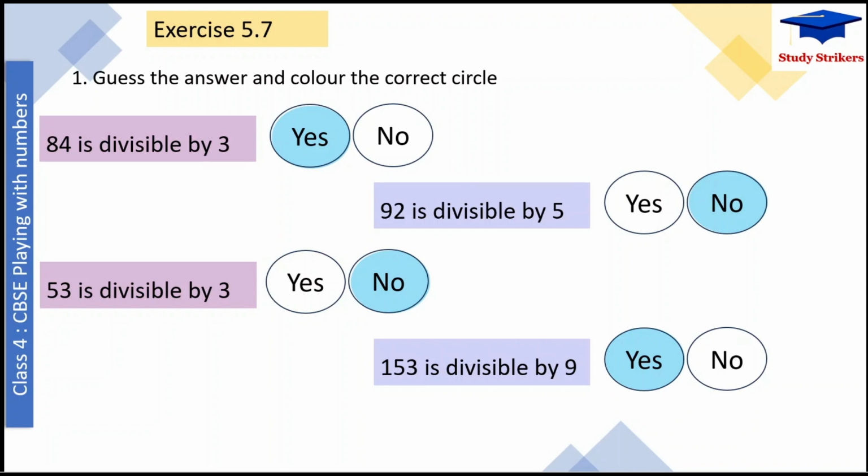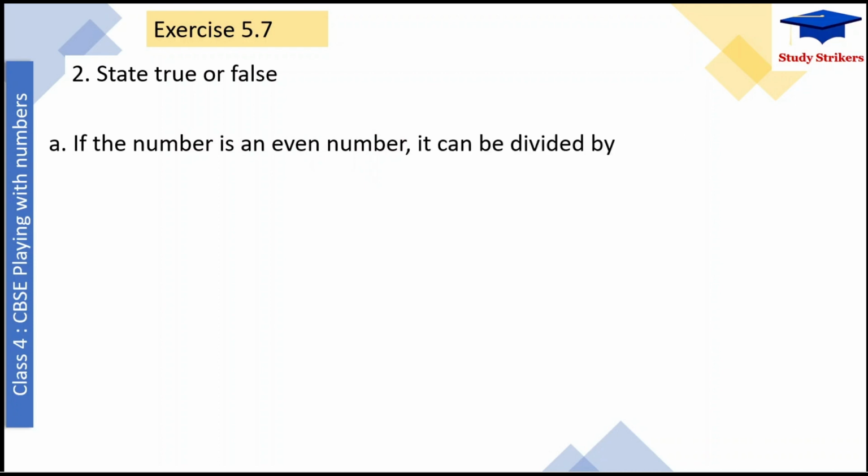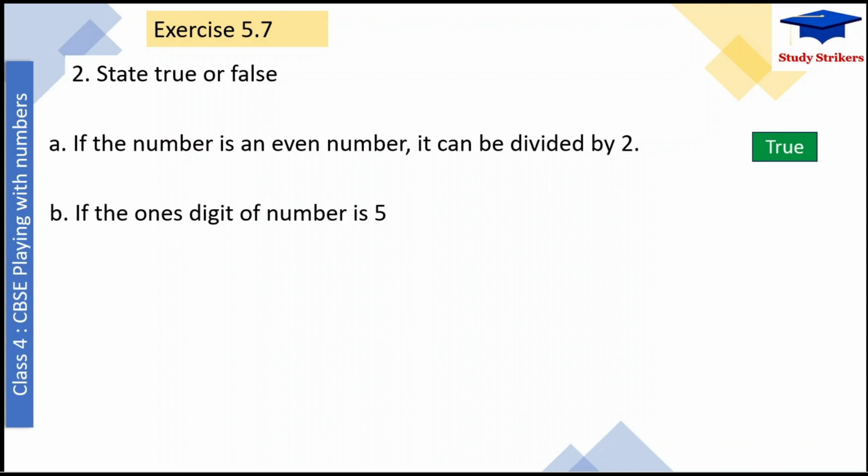Now we will move towards our next question. Here we have to state whether it's true or false. If the number is an even number, it can be divided by 2. True or false? Very simple, right? It's true. Next: if the ones digit of a number is 5 or 0, it cannot be divided by 5.